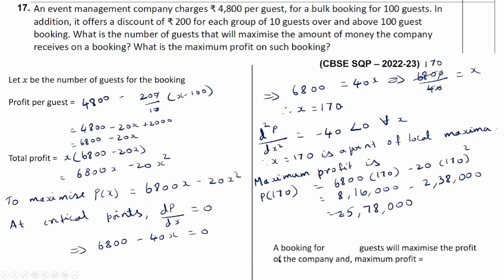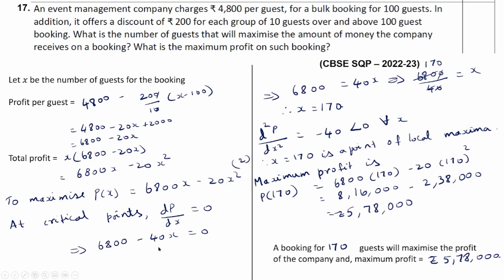So here we have the result. A booking for 170 guests will maximize the profit of the company, and maximum profit is equal to rupees 5,78,000. So here, finding the profit function carries 2 marks.